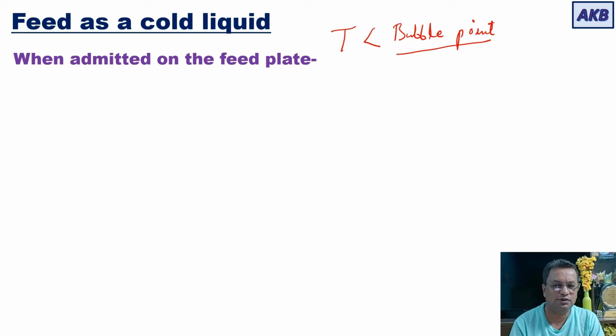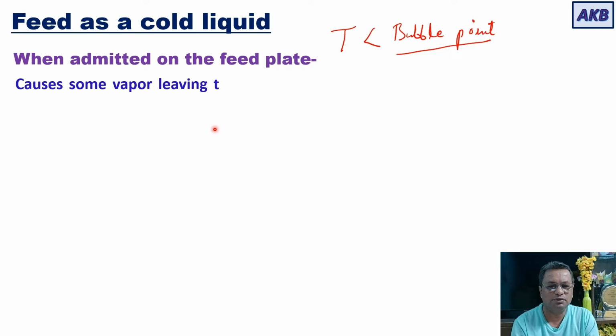So the feed whose temperature is well below its bubble point, we call that feed a cold liquid. So when cold liquid is admitted on the feed plate, what happens?